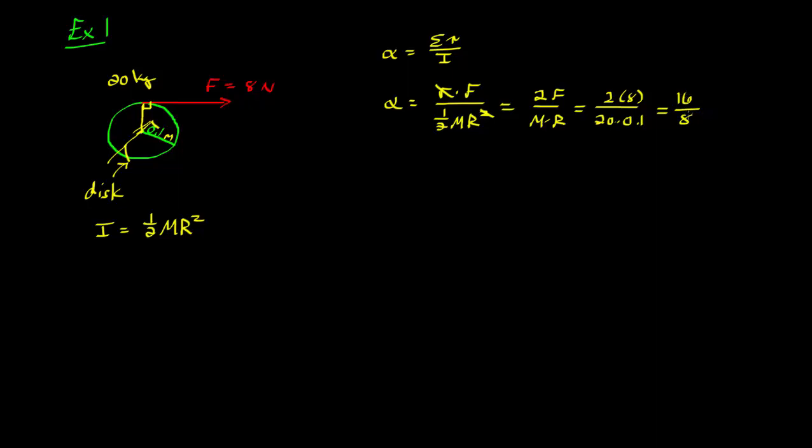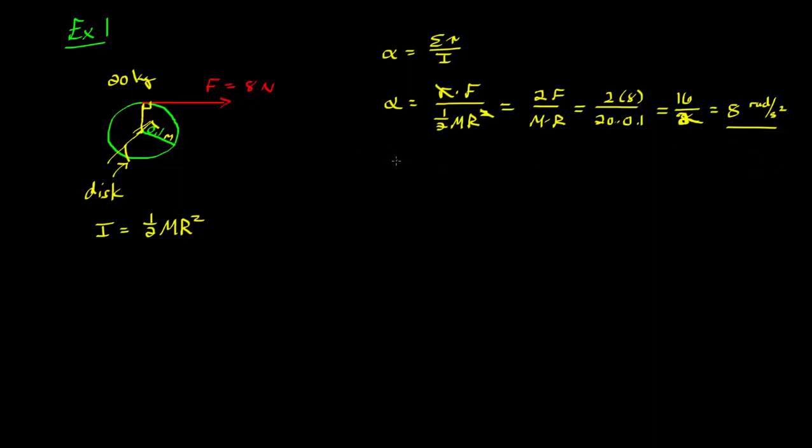The whole thing, that's 2. The whole thing is 8. Sorry. I was trying to simplify. I'd already calculated it. That's 16 divided by 2. What units go on this thing? Well, it's angular acceleration, so that's radians per second squared. Our angular acceleration.